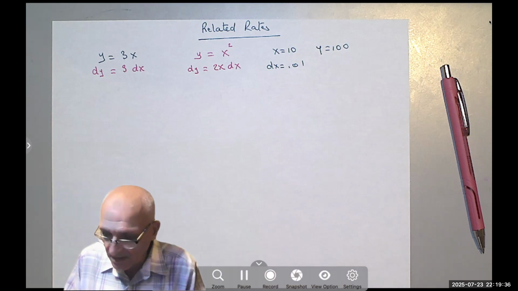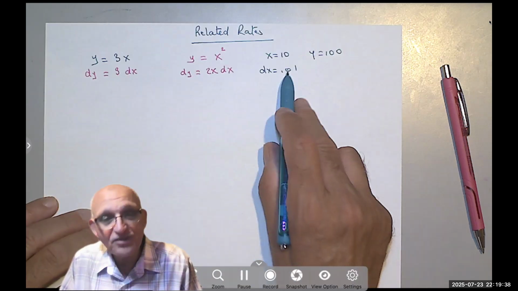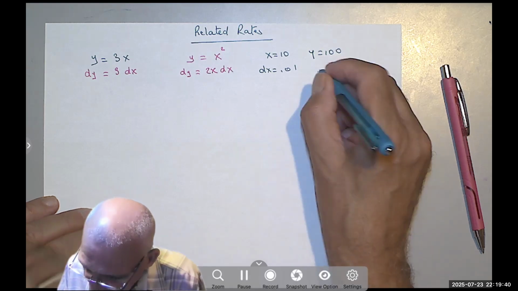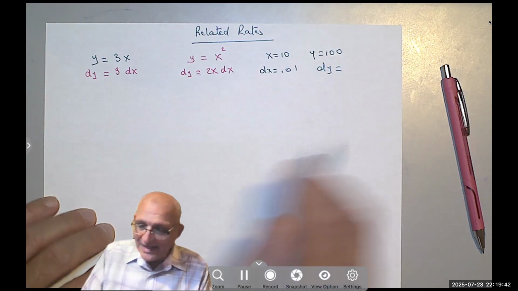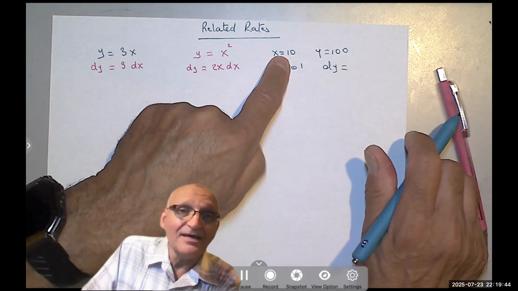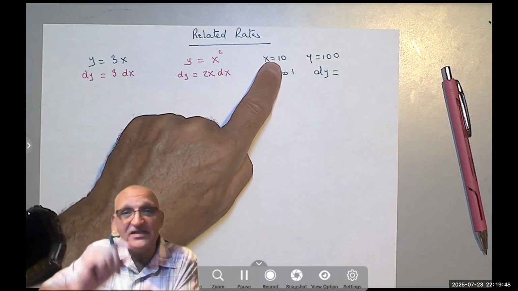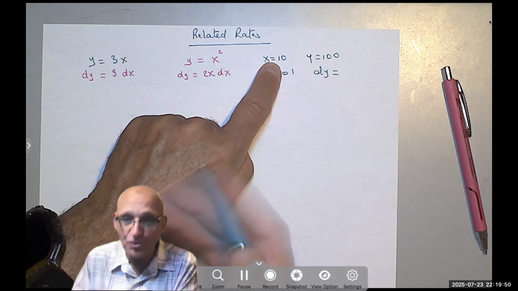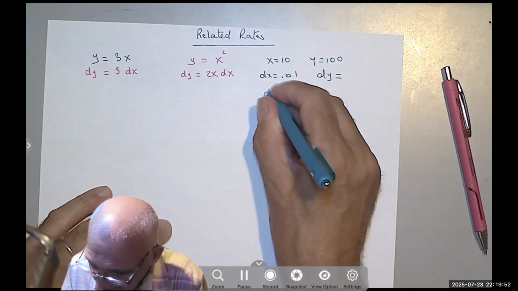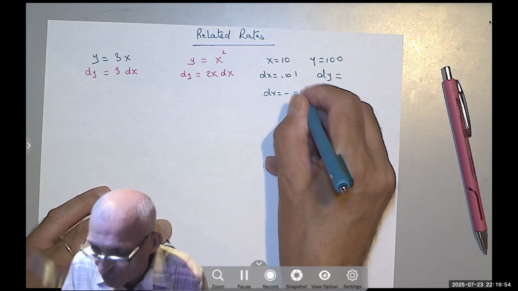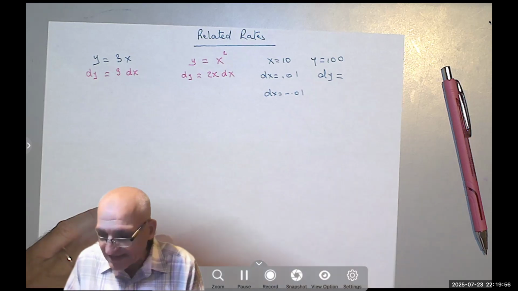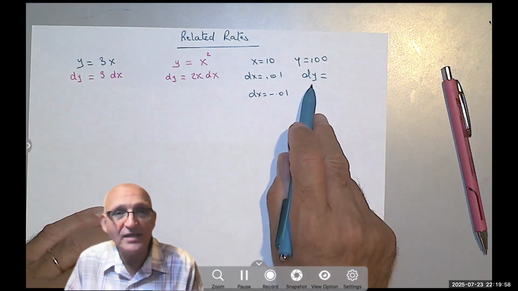Meaning, if dx is 0.01, I expect dy when x is 10. So x was 10 and it increased by a small bit, or even if it decreased by a small bit, we can do both. If dx is negative 0.01, we expect dy here to be what?